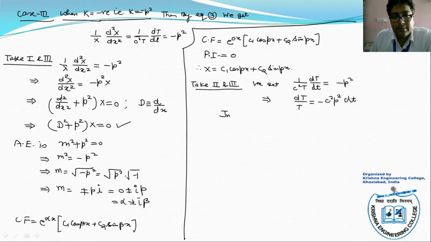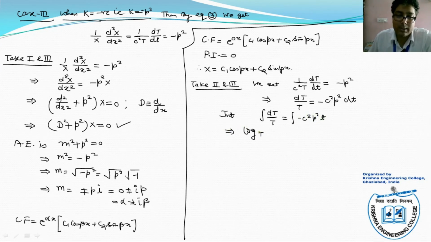Integrate both sides. So this becomes the integral of dt over t is equal to minus c square p square t. The integration of dt upon t, that is log t, is equal to minus c square p square t plus another constant, log c3, the constant of integration.